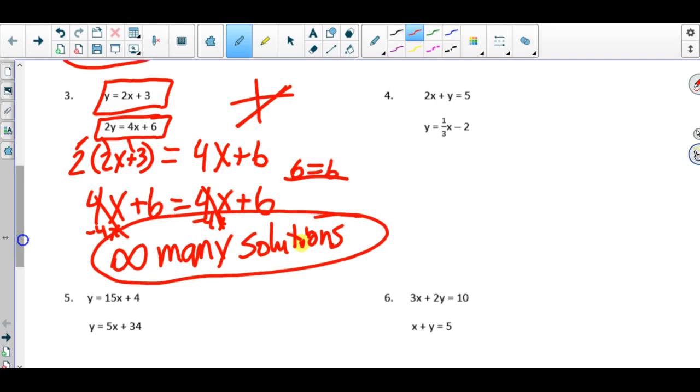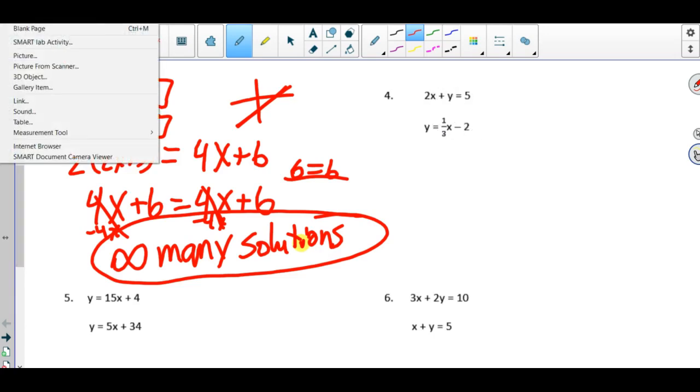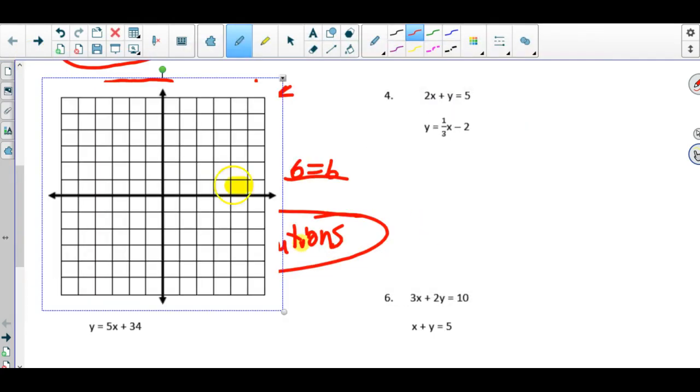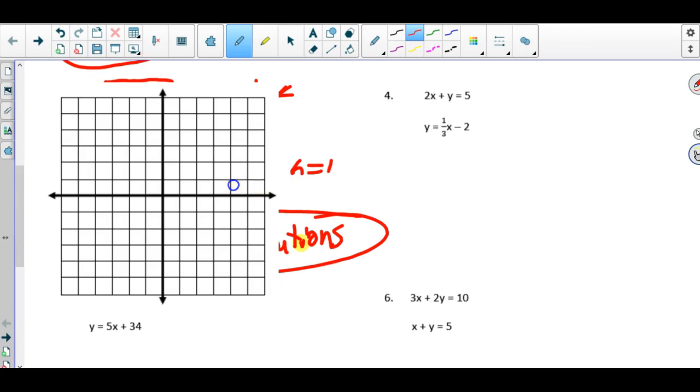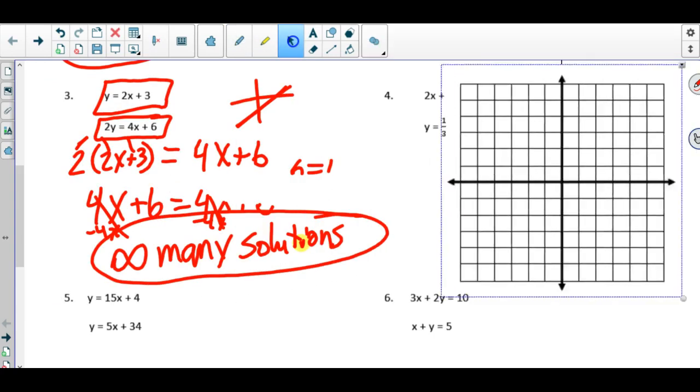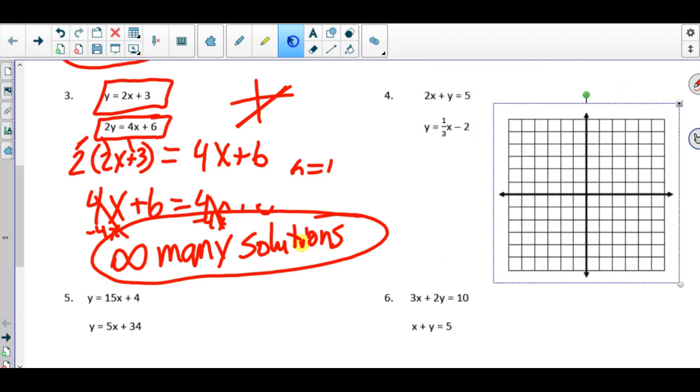Number 4, I could use substitution. I would just have to plug this thing in for y, but I don't like those fractions. One thing that is easy to do is graphing. So I'm going to graph this. I'm going to throw in a little graph here.